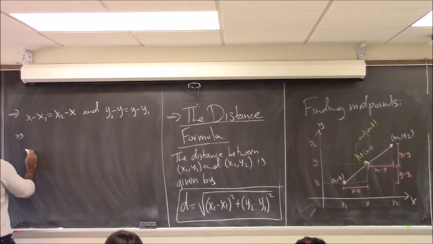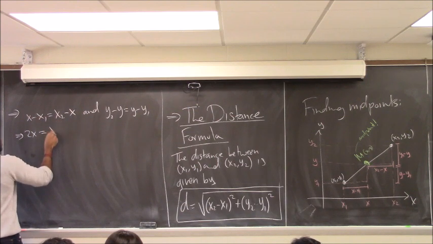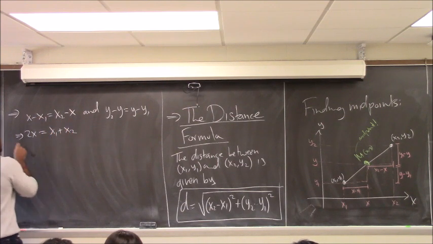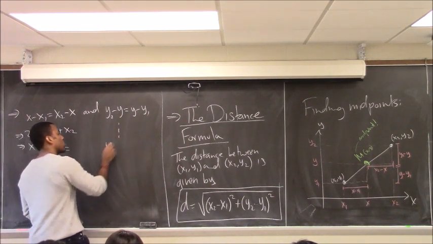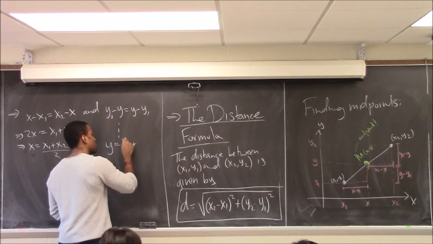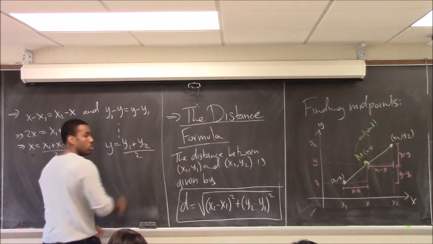Here, decide to solve for x, bring the x over, I get 2x, bring that over, I get x1 plus x2, and so the x coordinate is going to be x1 plus x2 all over 2. Similarly, the y coordinate is going to be y1 plus y2 all over 2.